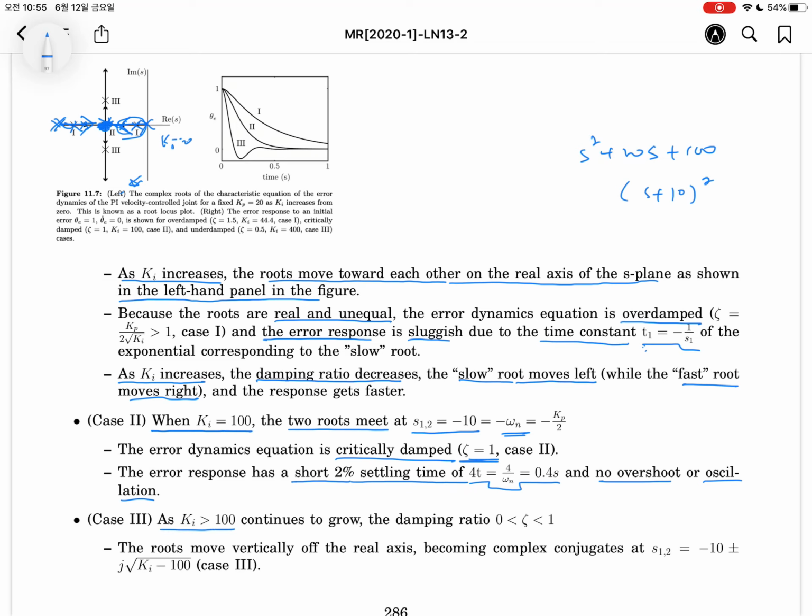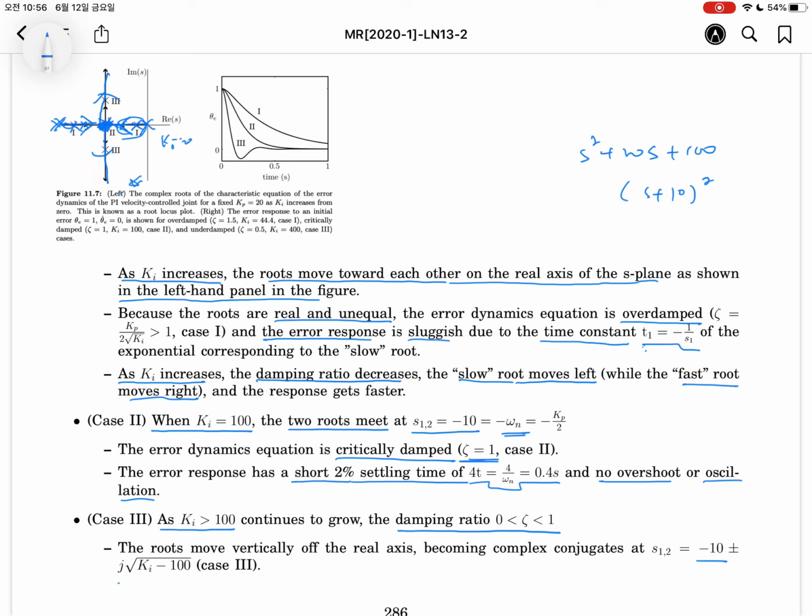Then Ki increases, much more. It continues to grow, and the damping ratio will be smaller than 1. At that time, the roots will move vertically off, like this. The complex poles will appear.